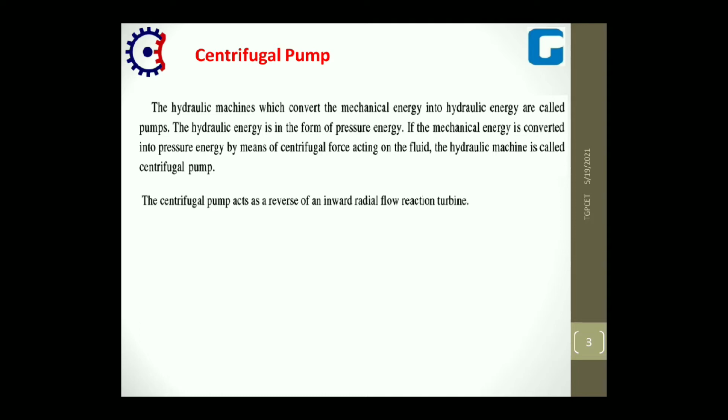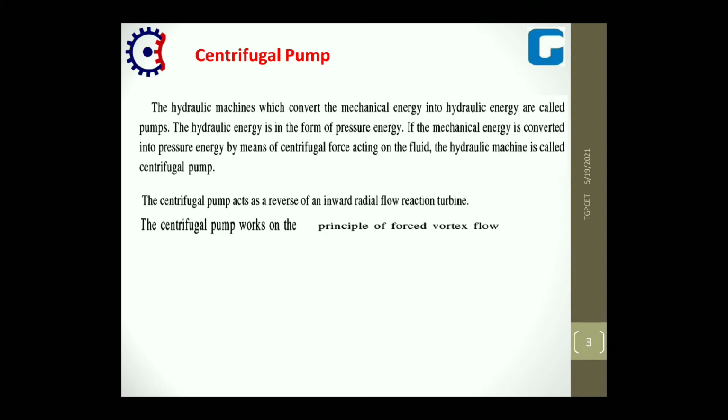The centrifugal pump acts as a reverse of inward radial flow reaction turbine. This means that the flow in centrifugal pump is in the radial outward direction, and the centrifugal pump works on the principle of vortex flow, which means that when a certain mass of liquid is rotated by an external torque, the rise in pressure head of the rotating liquid takes place.